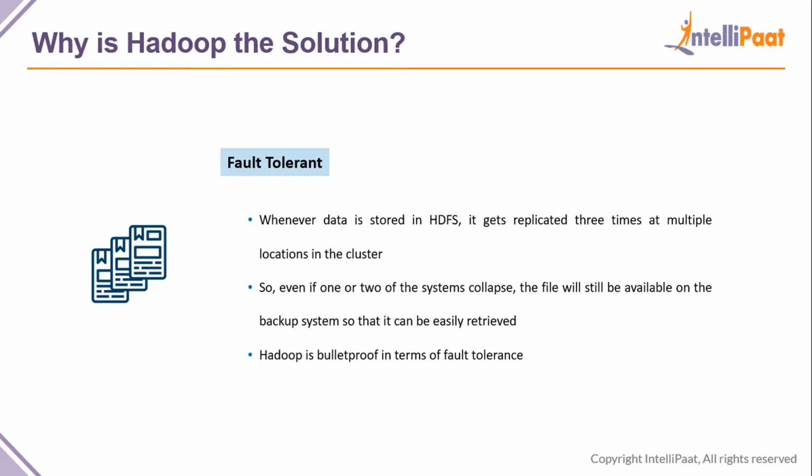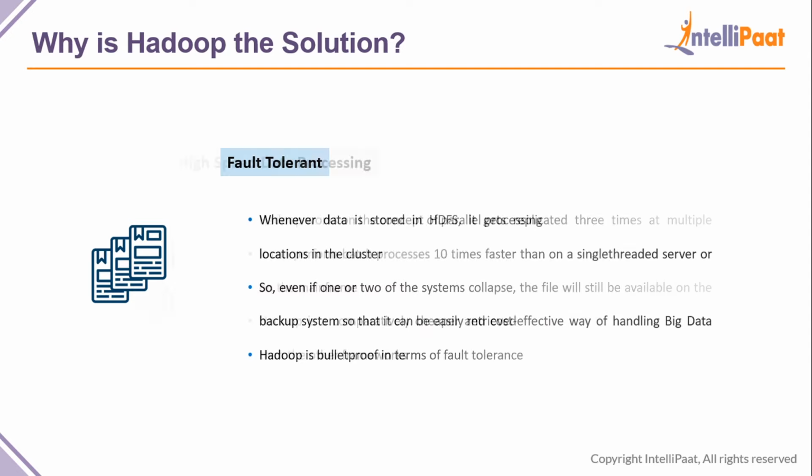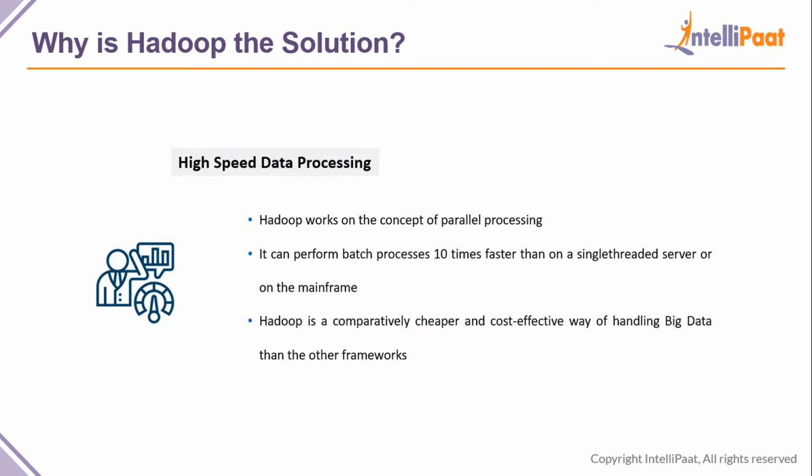So if your immediate servers, your first point of servers, fail, then you have backups which are automatically created by Hadoop, where you can pretty much retrieve all the data that you think would have been lost. So if I have to put it in a sentence, Hadoop is completely bulletproof when we have to talk about fault tolerance, guys.